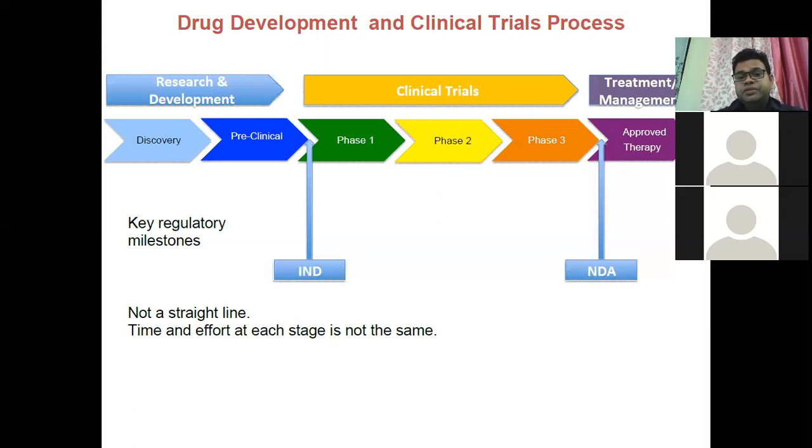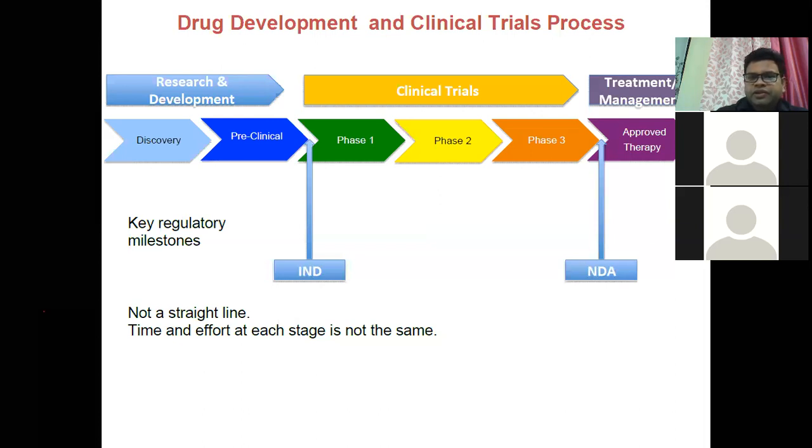Before launching any drug in the market, its side effects and reliability are studied through clinical trials. After phase 3, any therapy or new drug will be approved. This is called treatment management. After approval, they check the side effects of the drug, whether it is harmful or not.